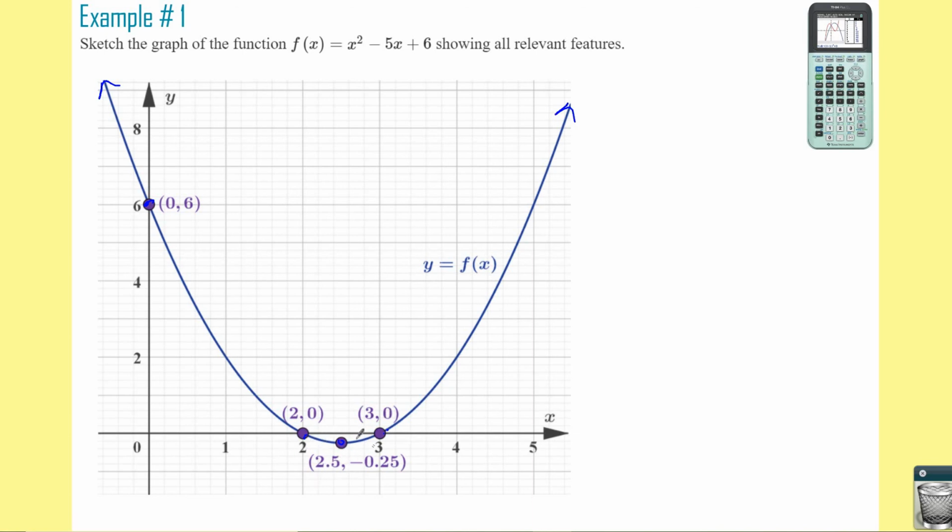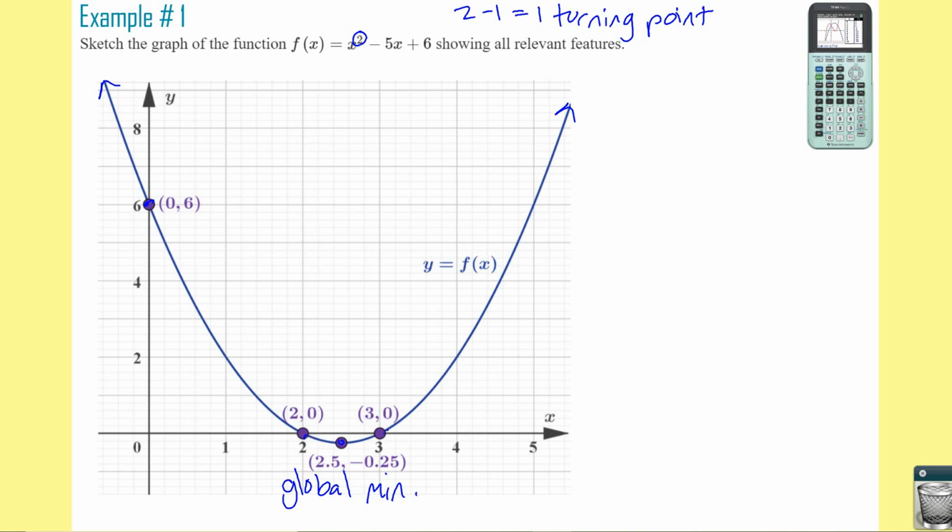This would be considered a global minimum. And we know that this is all it has because the highest degree is 2. So 2 minus 1 is 1, so there's 1 turning point.